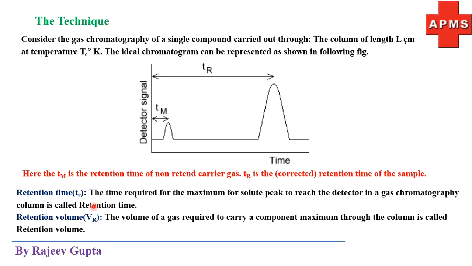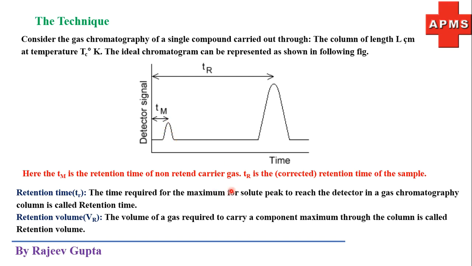So first this mobile phase peak has come here. If the detector is detecting this mobile phase, we get this type of peak.